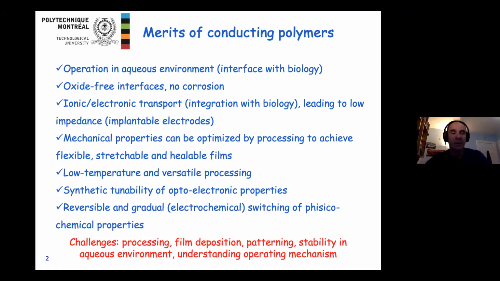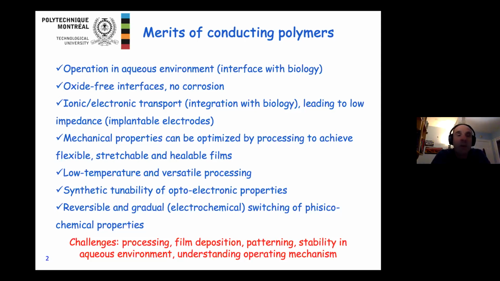First of all, it's important that with this material we can work in aqueous environment, and this is very advantageous if we want to interface these systems with the biological system. Then, in contrary to what happens with some other materials, we have oxide-free interfaces.